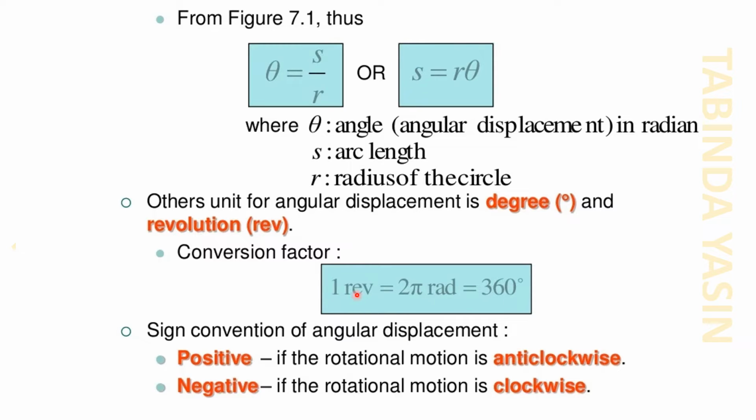You can convert from one revolution to degree, from one revolution to radian, or from degree to radian or revolution. As for the sign convention of the angular displacement, the rotational motion will be positive when it is in the anticlockwise direction, and negative if the rotational motion is in the clockwise direction.